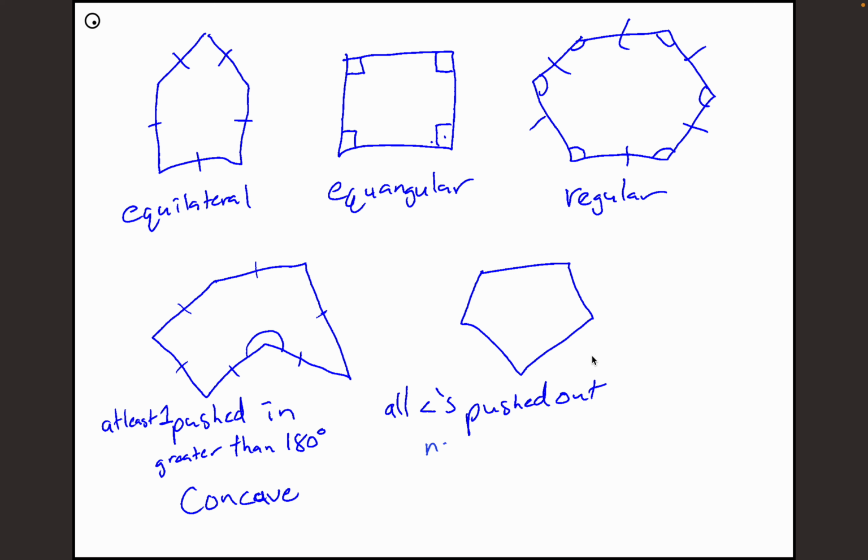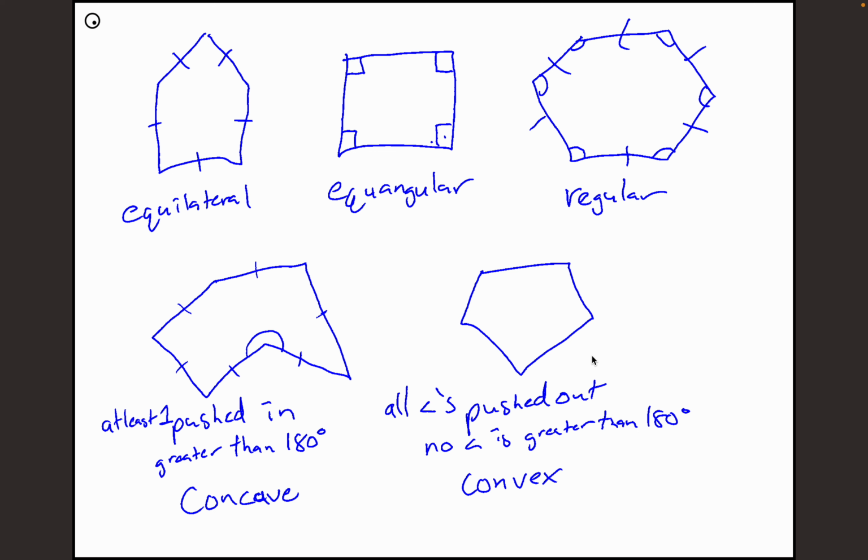No angle is greater than 180. Okay, this is called convex. So convex is if all the angles are pushed out. Concave is if there's at least one angle that's pushed in, it's greater than 180.